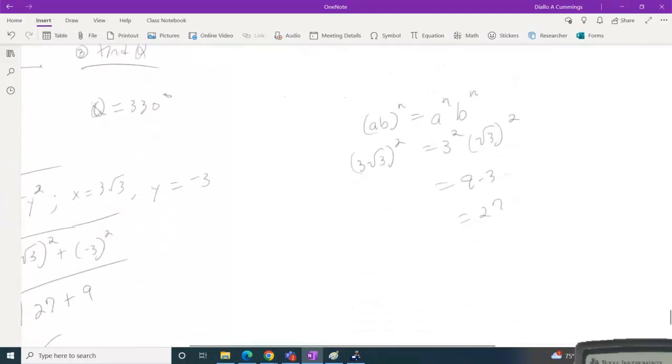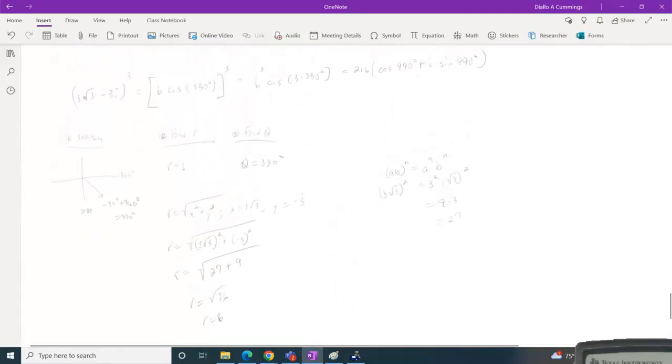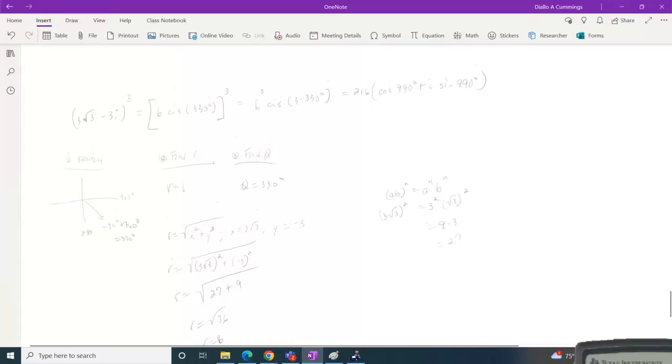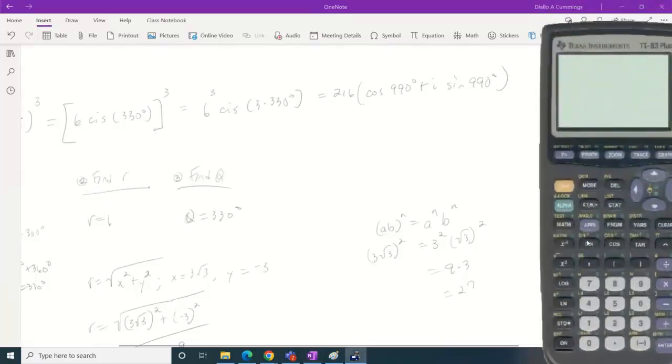And then the cosine of 990, we just found that as, was it 0? The cosine of 990 is 0. The sine of 990 is -1. So then you should get negative 216i.